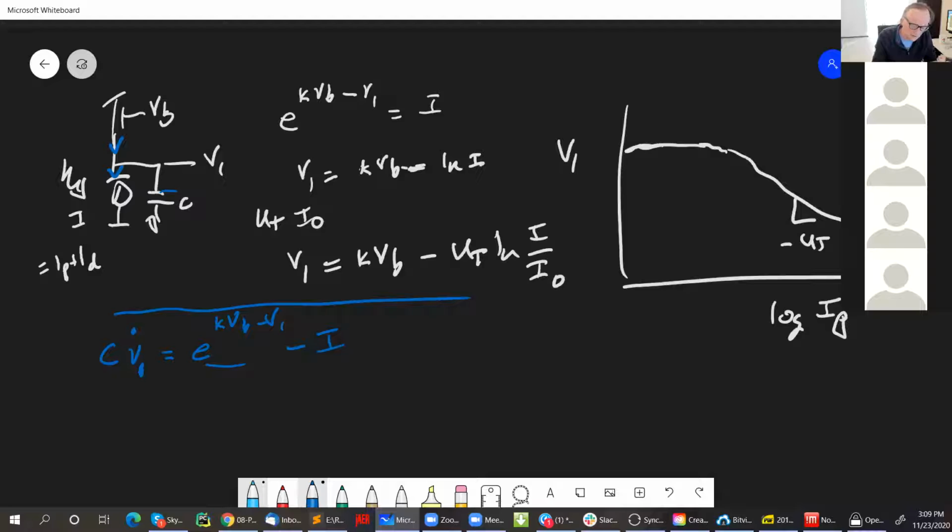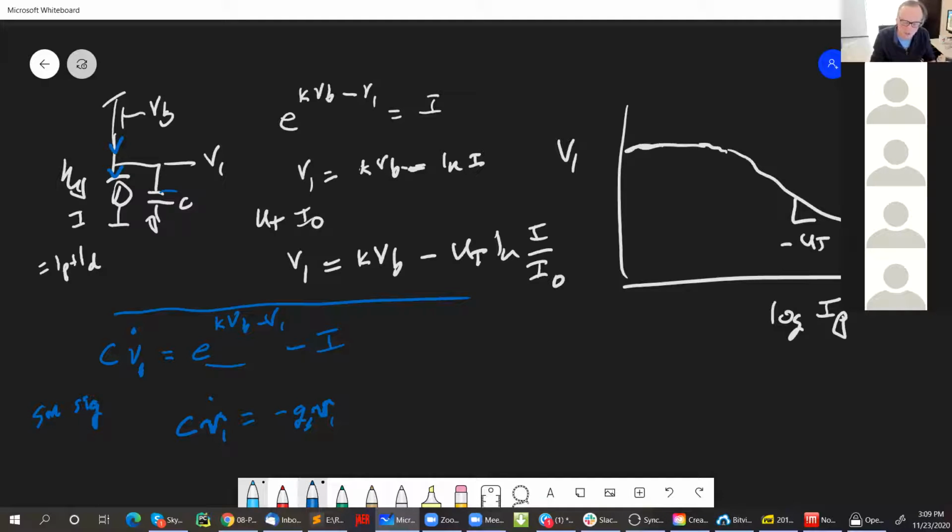You say in small signal, C V1 dot equals, I is constant. We'll make I a small signal I, right? There's only one conductance, which is the source conductance. So it's minus GS V1. When we write the V like this in this twiddly way, that means small signal, around the DC.